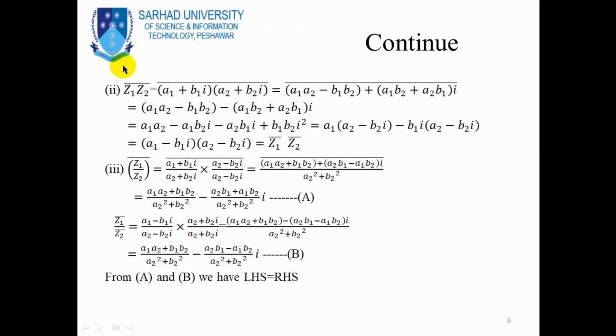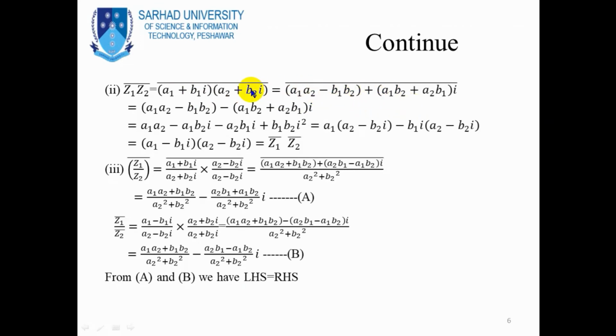Now the whole conjugate of z1 dot z2. First of all, multiplying z1 and z2, two complex numbers multiplied. After multiplying the two complex numbers, we obtain (a1 into a2 minus b1 into b2) plus (a1 b2 plus a2 b1) into iota.